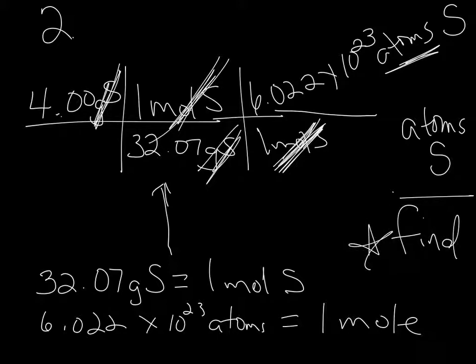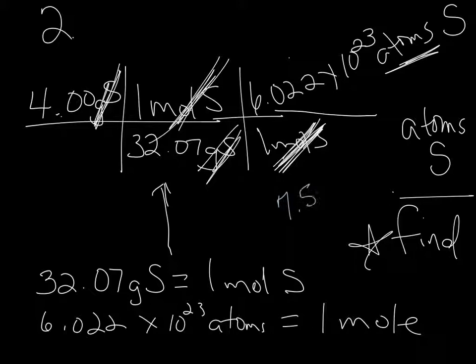4 divided by 32.07 times 6.022 times 10 to the 23rd, or you could do 4 times 6.022 times 10 to the 23rd, divide by 32. All of those ways work because multiplication and division are able to be switched around. You can do them in any order.